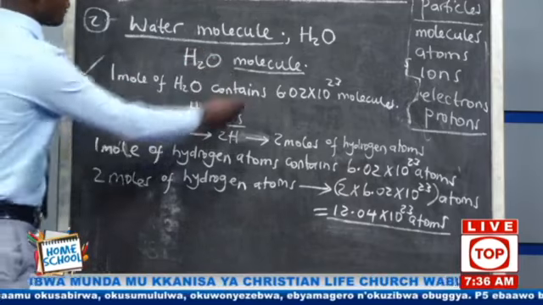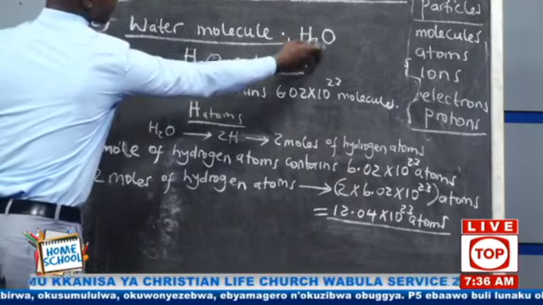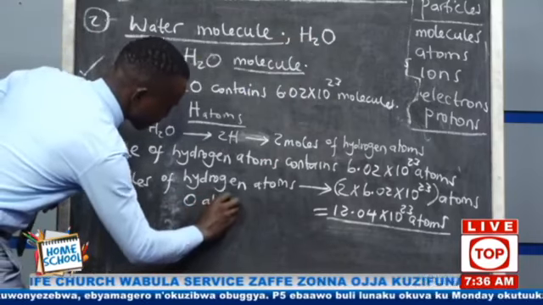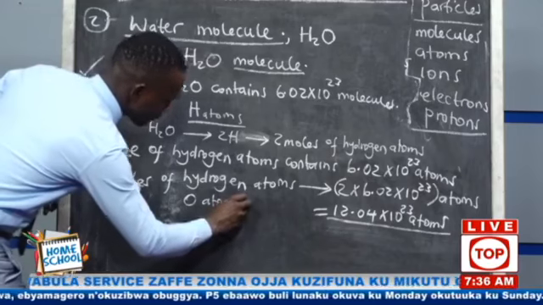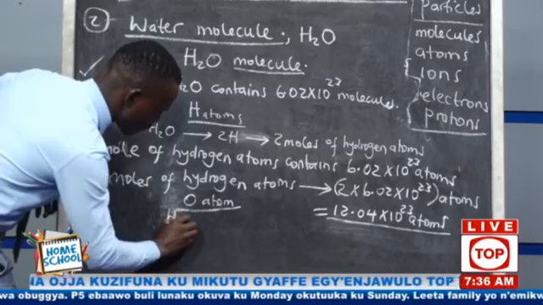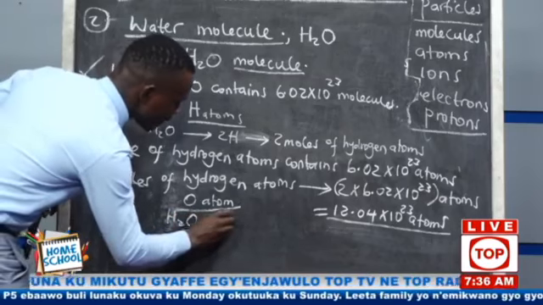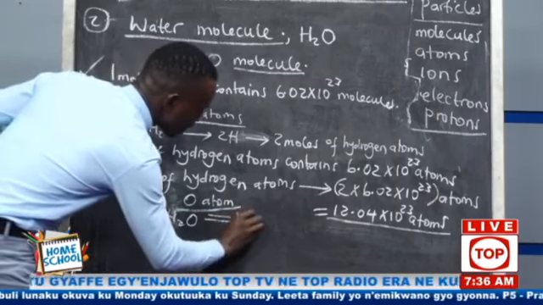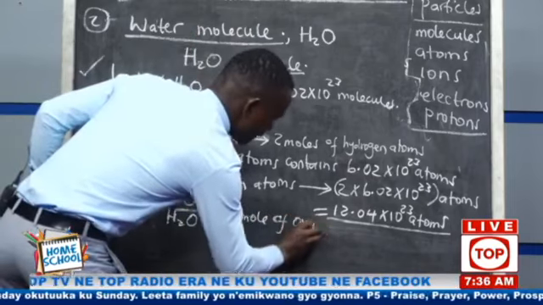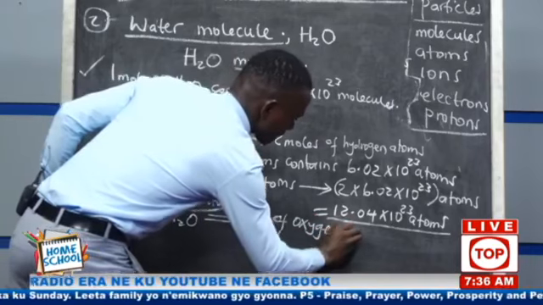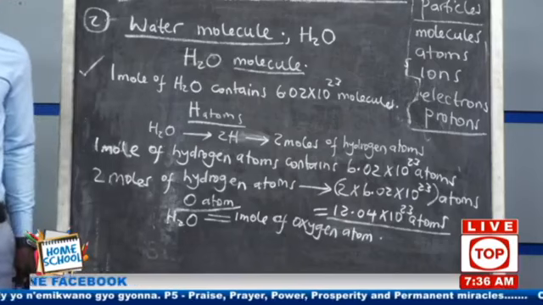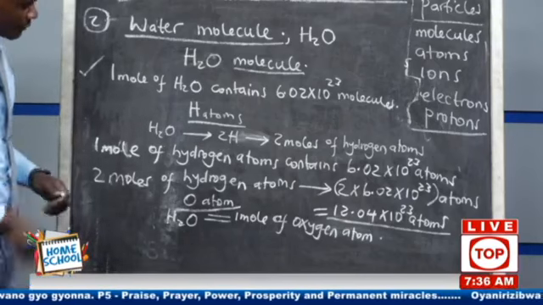Now we look at water. It is having hydrogen and it is having oxygen atom. Okay? In water, if you look at the chemical formula, you realize that there is 1 mole of oxygen atom. There is just 1 mole of oxygen atom.